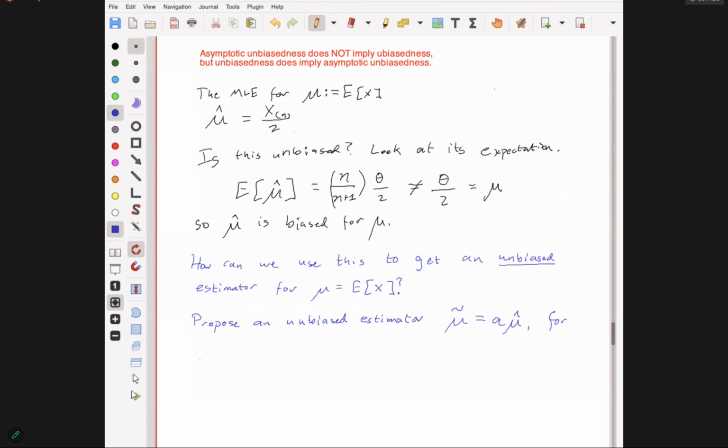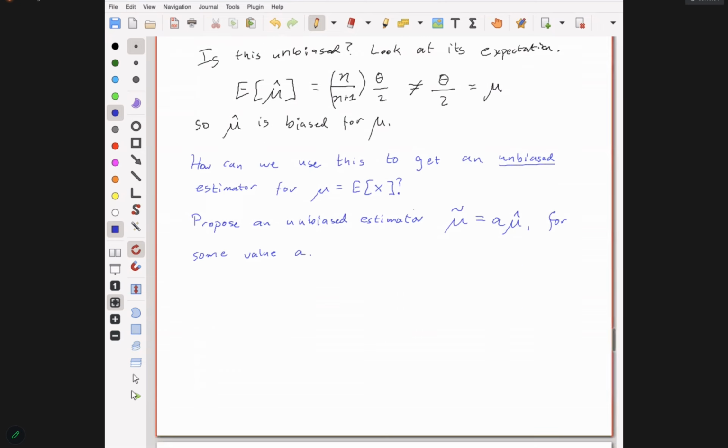So I'm saying that we may be able to get an unbiased estimator by multiplying our biased estimator by some scaling factor. Does this make sense? Yes.